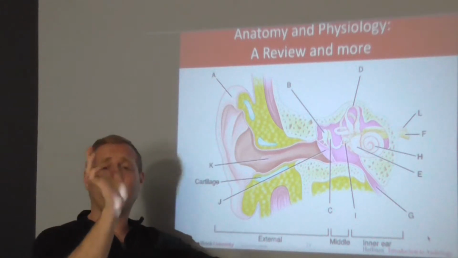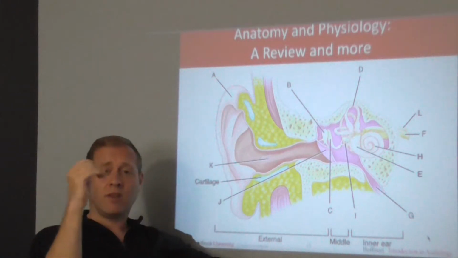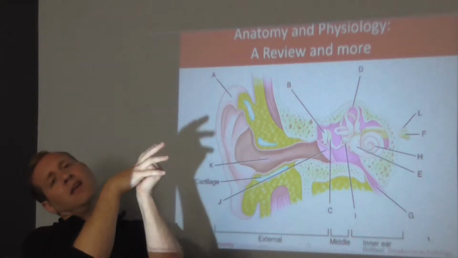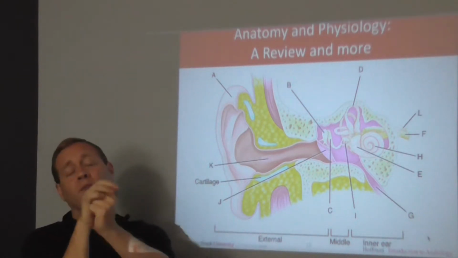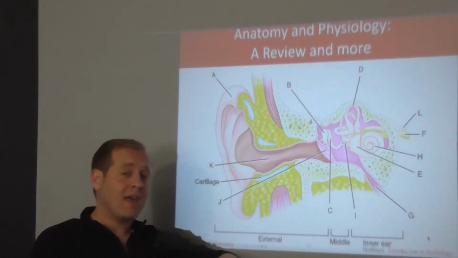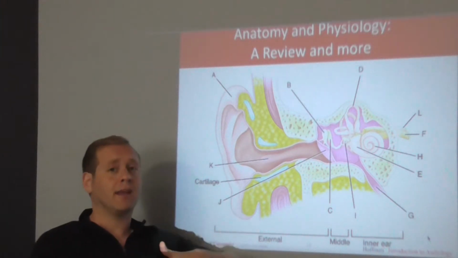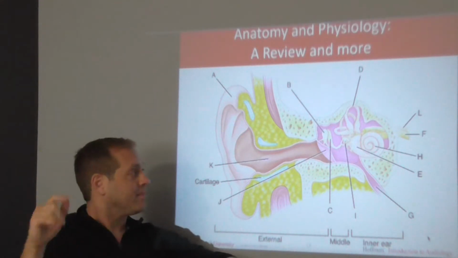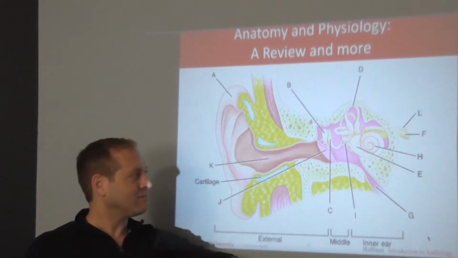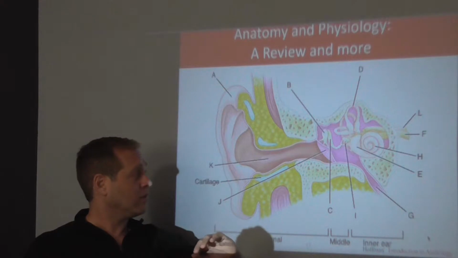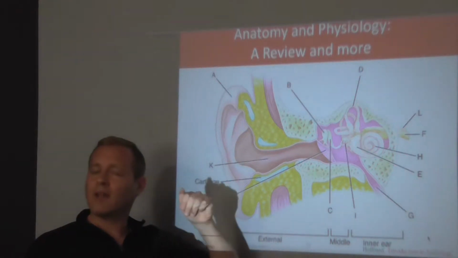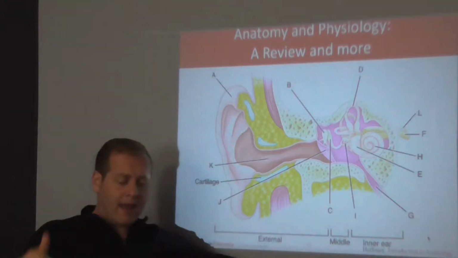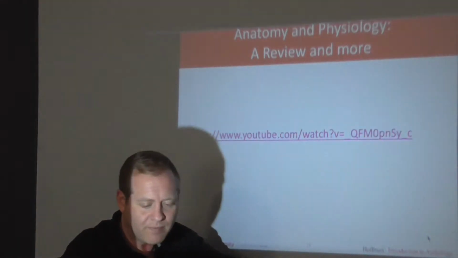It's meant to be elastic and move somewhat freely. If you add stuff to it, it's not going to be able to move as freely as it wants to, and thus it's going to affect your hearing, okay? Not good. Don't do that. So don't use a cotton swab, and you'll be good to go. All right, let's continue.